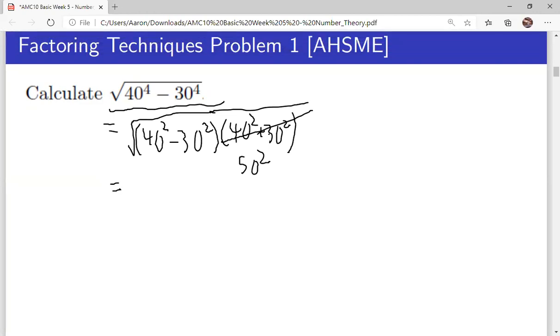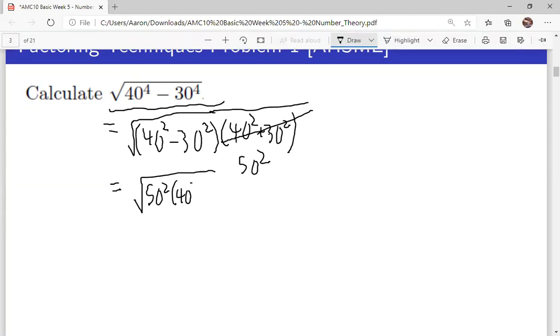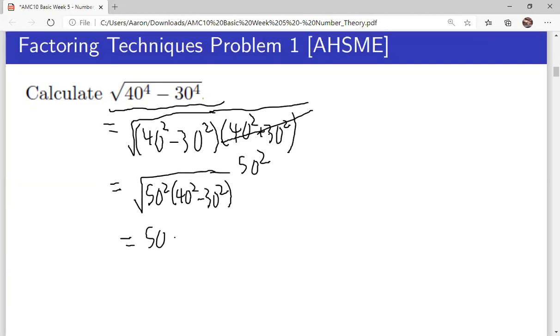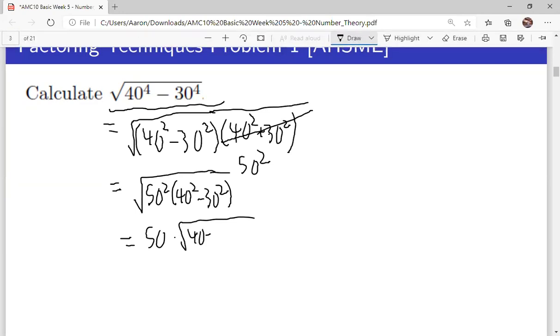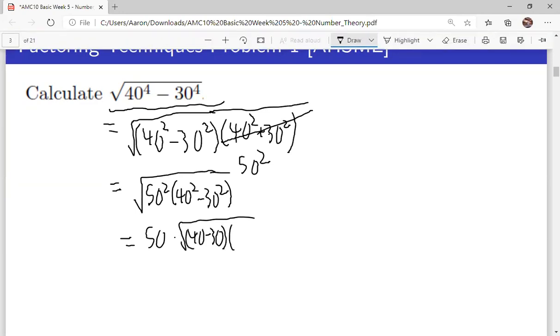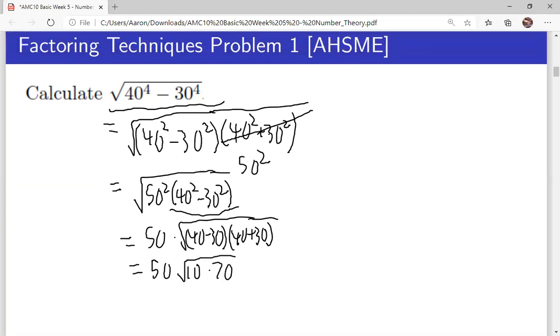And so this is equal to square root of 50 squared times (40 squared minus 30 squared). And this is equal to 50 times the square root of (40 minus 30) times (40 plus 30). And this factorization under the square root follows from another application of difference of squares here. And so this is equivalent to 50 times the square root of 10 times 70.